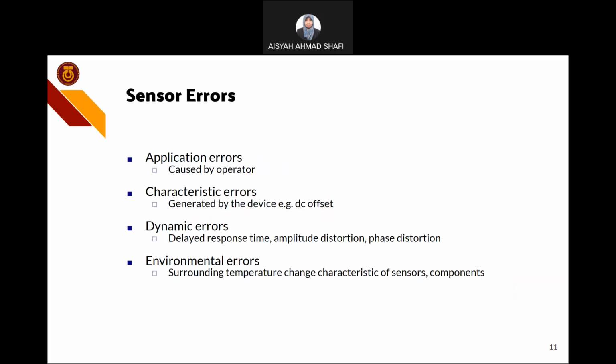Dynamic error is the delayed response time, including amplitude distortion and phase distortion. And environmental error is, for example, error caused by surrounding temperature change affecting the characteristic of the sensor or component.